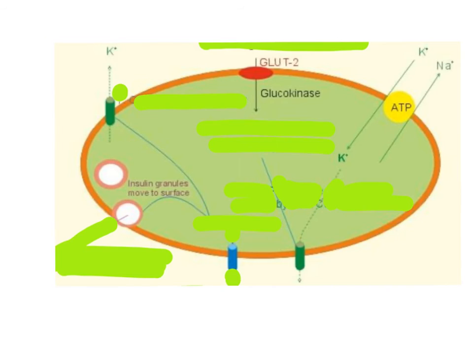So when you have a diagram like this, it helps to start with one point. In this case, you've got your sodium-potassium pump here, and you've got normal potassium ion channels, which will allow potassium ions to diffuse out of the cell. What you have to remember is that these potassium ion channels are ATP mediated, which means if there is too much ATP in the cell, these channels will close.